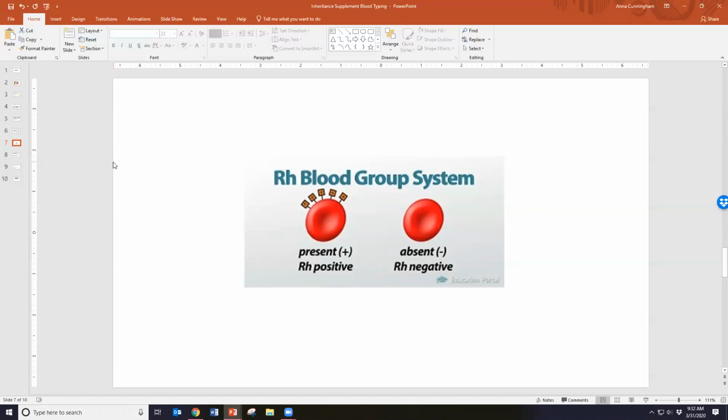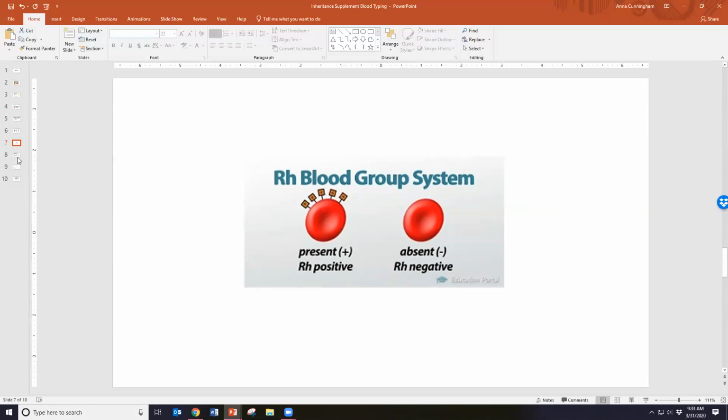It is a dominant phenotype, so homozygous dominant or heterozygous will be Rh positive. Rh positive just means there is an antigen there, whereas homozygous recessive would mean it isn't there. This adds another layer of complexity. We'll talk about it in a minute.